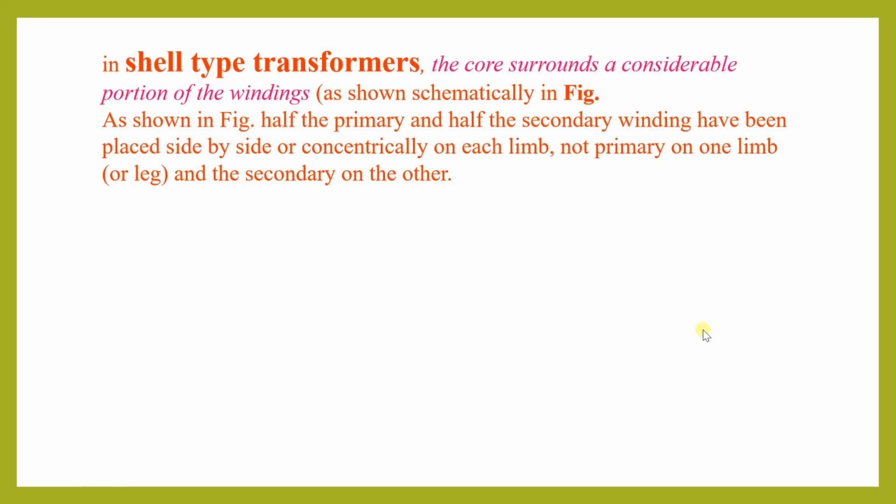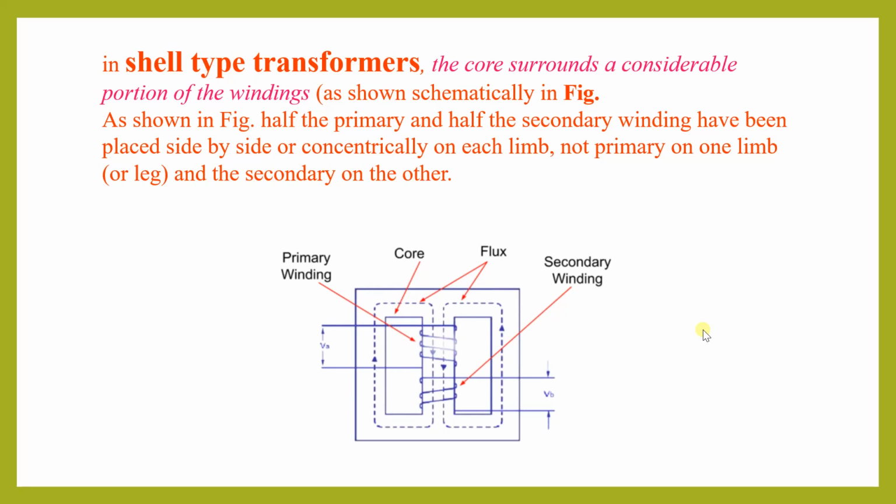Then in the shell type transformer, the core surrounds a considerable portion of winding as shown in the figure. Half the primary and half the secondary winding have been placed side by side or concentrically on each limb, not primary on one limb and the secondary on the other limb.